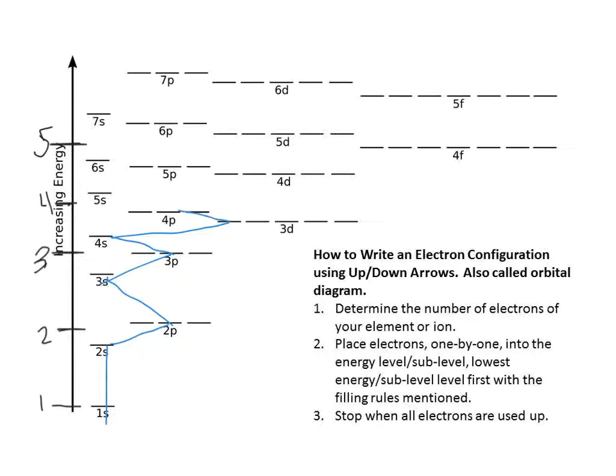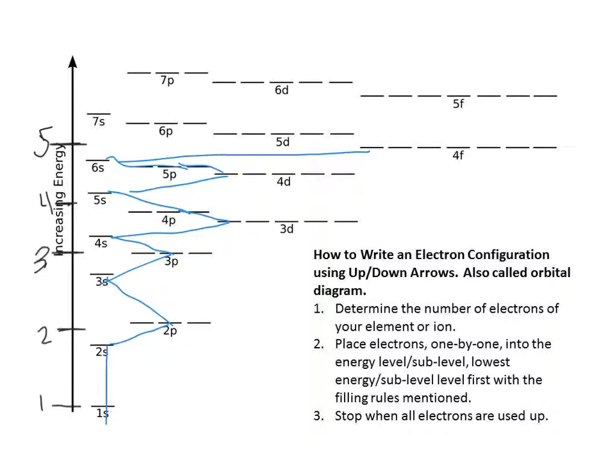Then you go to 4p, 5s. Now look, 4d, 5p, 6s. Then you're all the way over to this 4f, etc., right? So we only go up in increments of the lowest energy that we can.